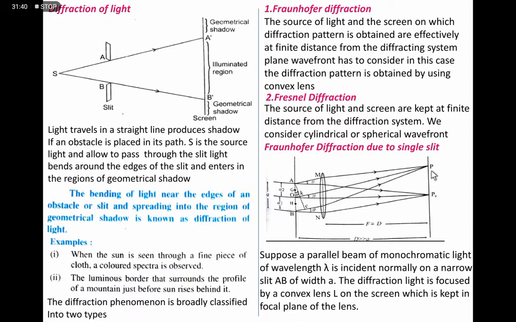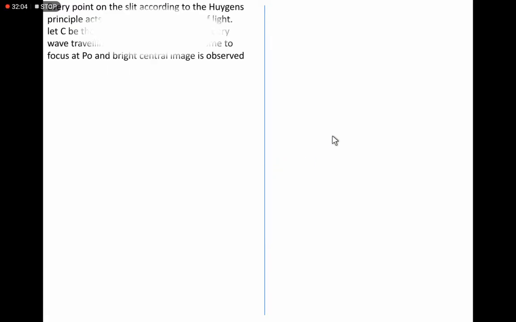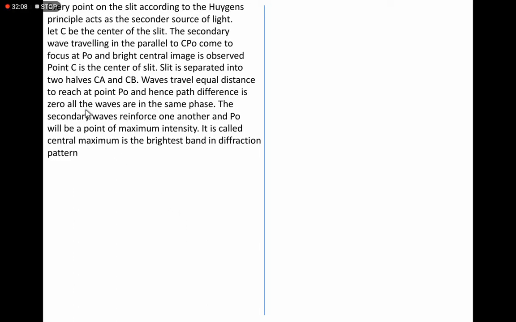Then, is point P in the diffraction pattern a maxima or minima? It depends on the path of the waves from this converging lens. So whether this point P is maxima or minima depends on the path difference. So we'll discuss the path difference.